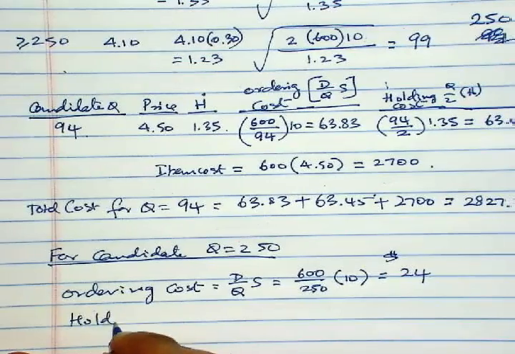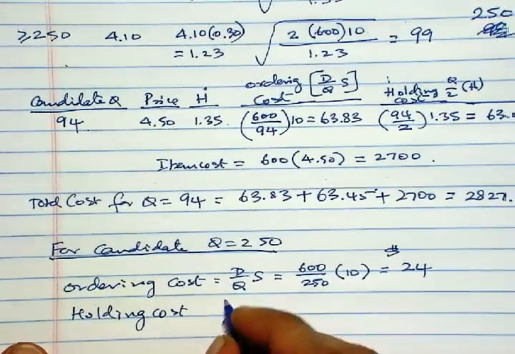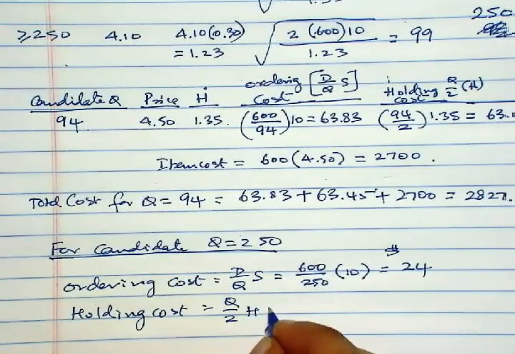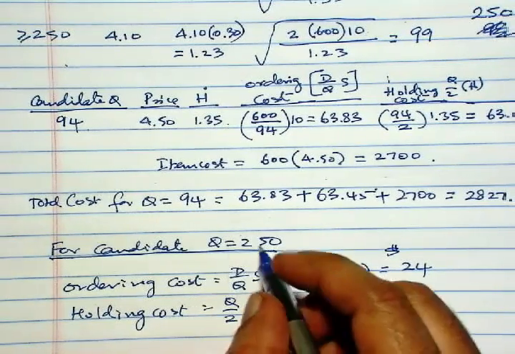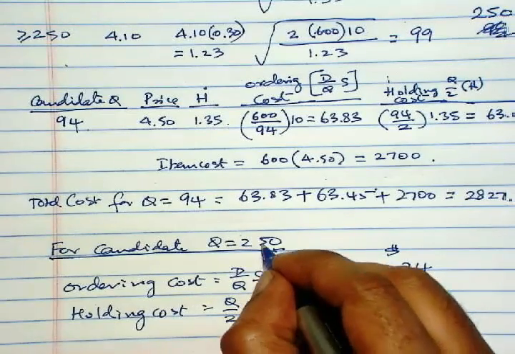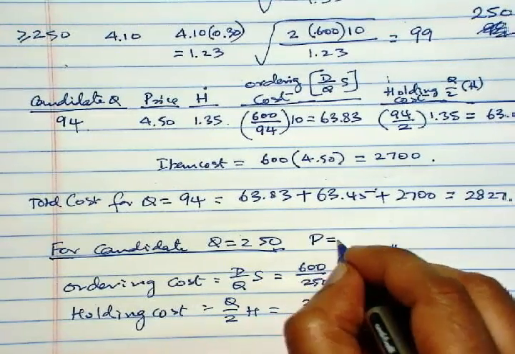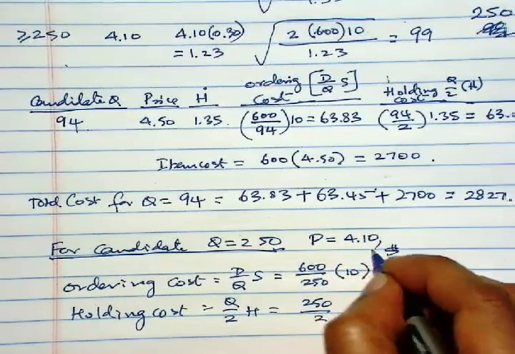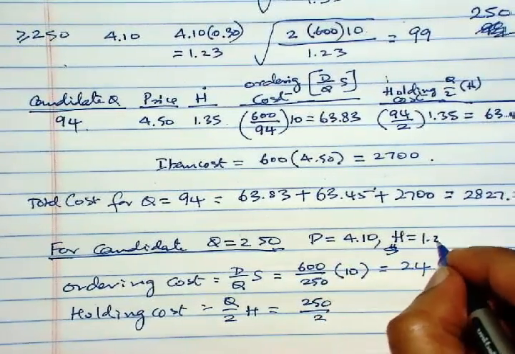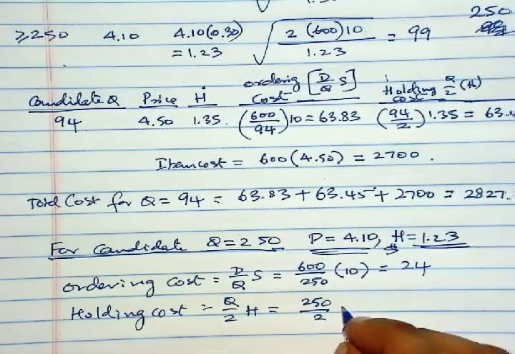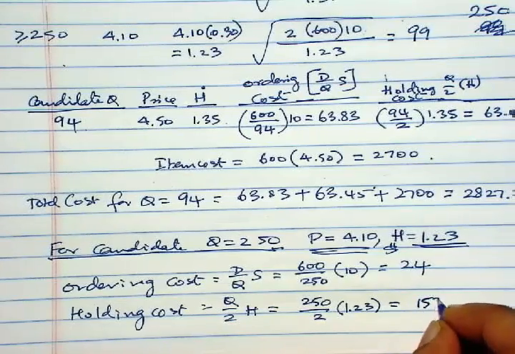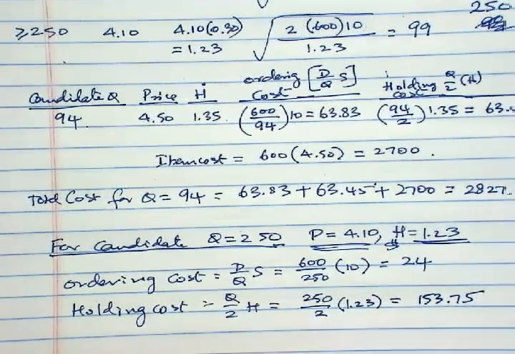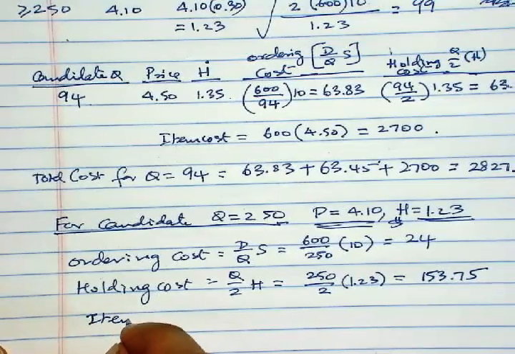Holding cost is Q over 2 times H. So we are using 250 as the order quantity. So 250 divided by 2. Remember, for candidate Q equal to 250, the price of the item is $4.10 and the holding cost is $1.23. So we have to multiply this by $1.23, and that will give us 153.75.